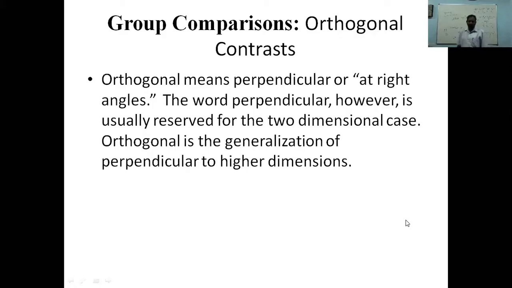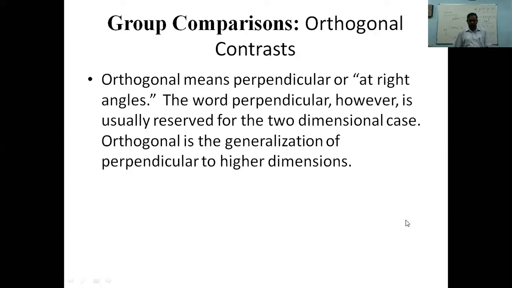Orthogonal means perpendicular or right angles. The word perpendicular, however, is usually reserved for two-dimensional cases. If you have 3-dimensional or 4-dimensional, it is very difficult to express what is orthogonal.